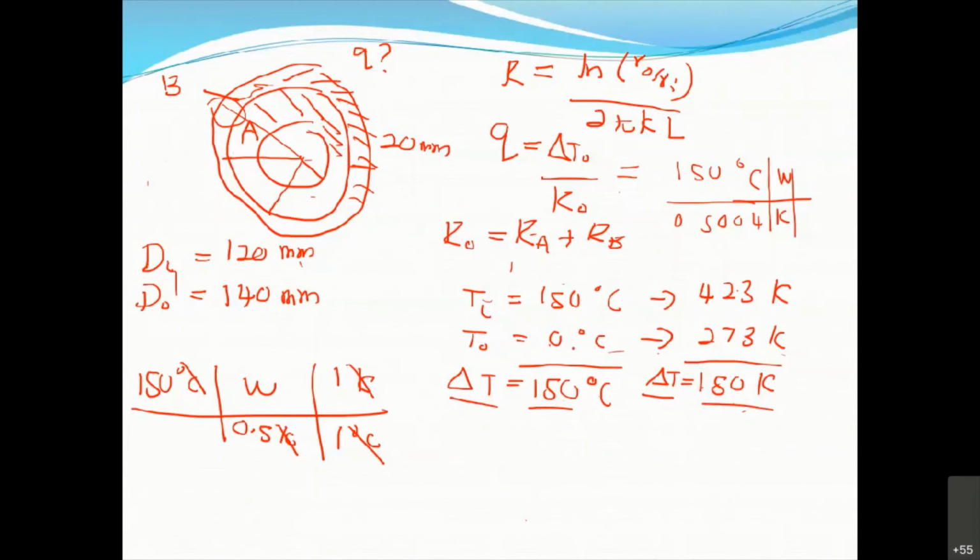You cannot use this when you are changing the unit from degree Celsius to Kelvin, because if you are changing degree Celsius to Kelvin, to Fahrenheit, or to Rankine, you have its own specific equation. But if you are just changing the temperature difference between degree Celsius and Kelvin, you can just use 1 degree Celsius is equal to 1 Kelvin. Okay, clear?